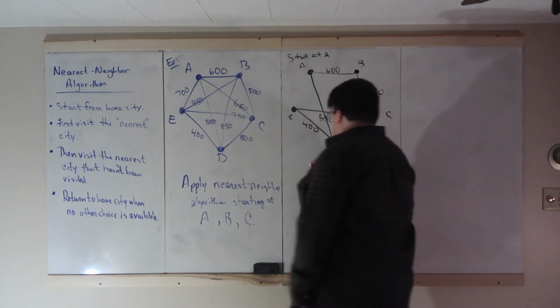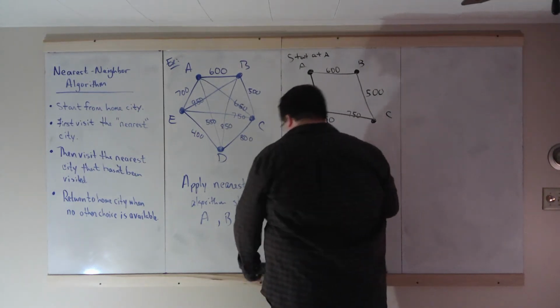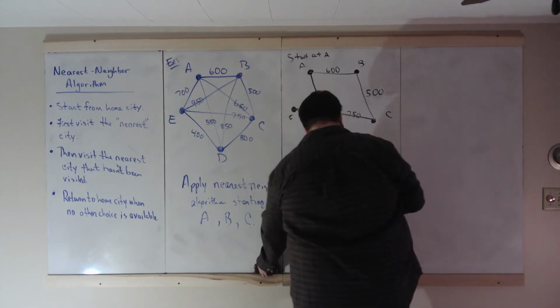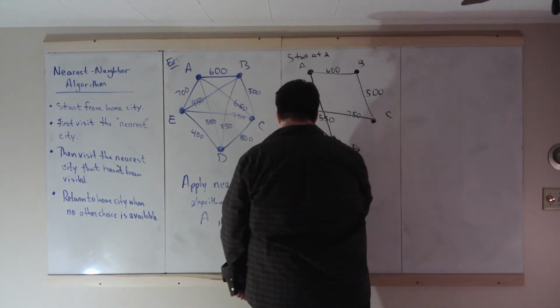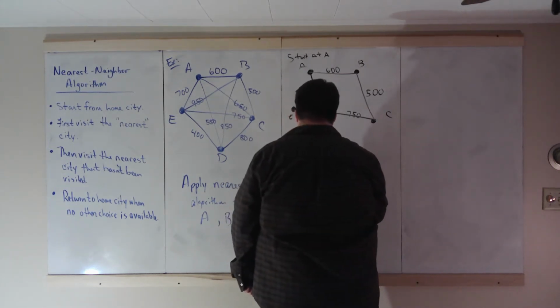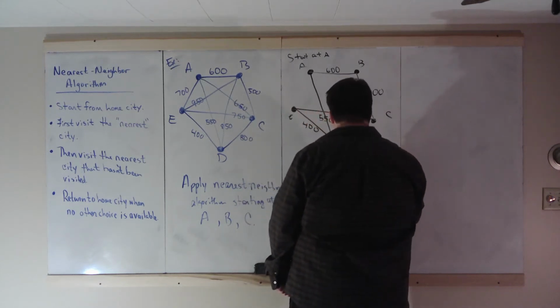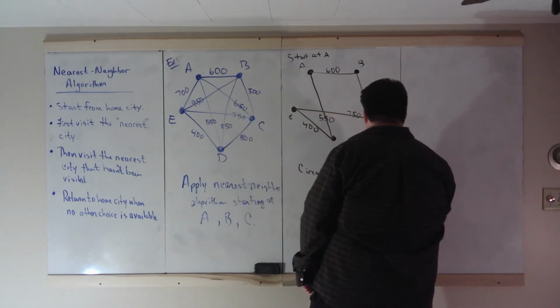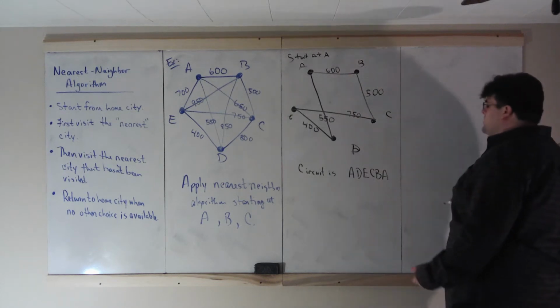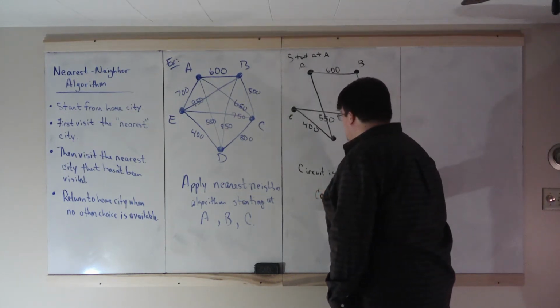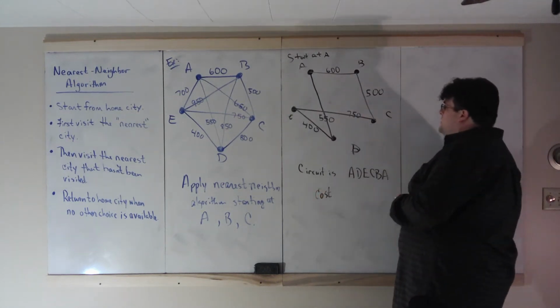And what's the cost? Well, I should say what the circuit is. Circuit is, what was it? A, D, E, C, B, A. And what's the cost? Well, add these numbers together. Now, these you don't need a calculator for.